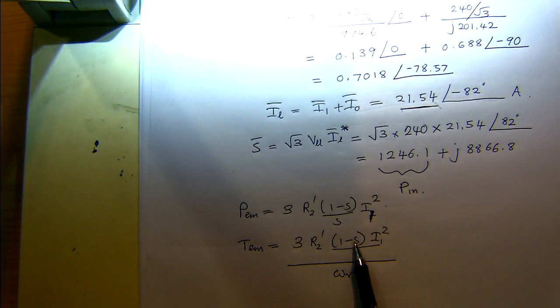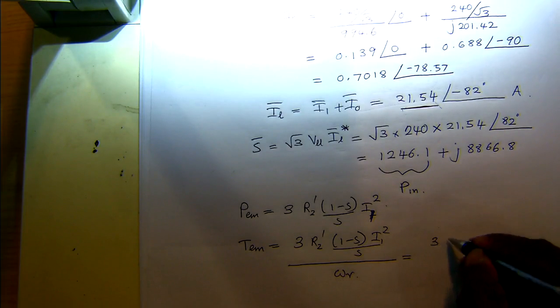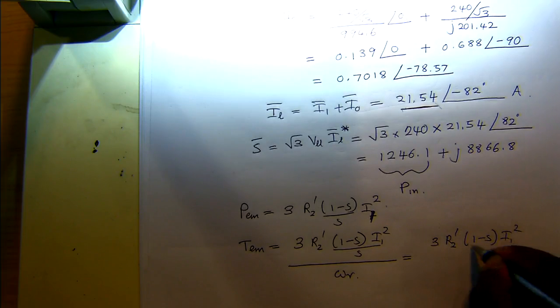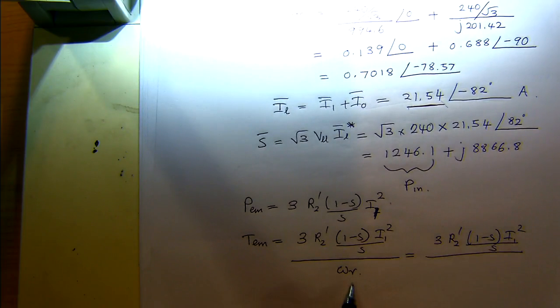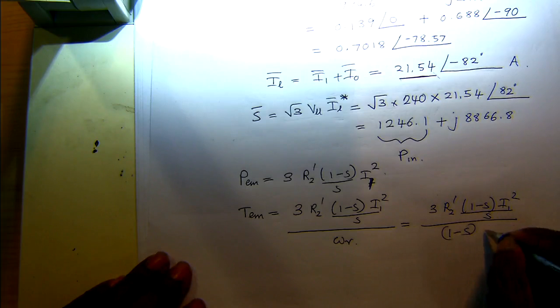It's going to be s equals 1, and then this is going to be 0, and this is going to be 0. So it's like 0 divided by 0. So we can find the limits of this. Let's say if s goes to 1, that means omega r goes to 0. Then we can write this as 3 times R2 prime (1 minus s) I1 squared over s, divided by, we write this in terms of synchronous speed, so that's (1 minus s) omega s.